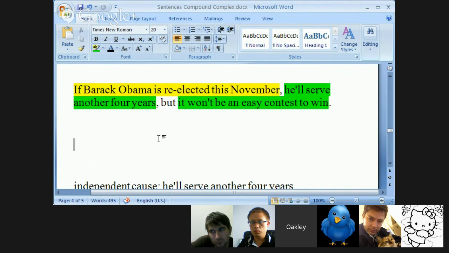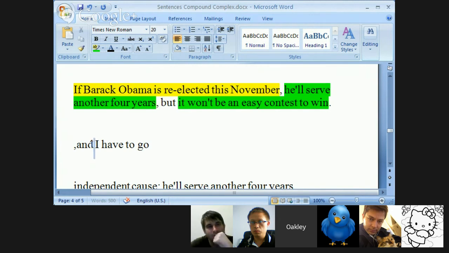I'm not sure. Let's start with "and I have to go". To say it's independent, we have to ignore "and". "I have to go." Correct?